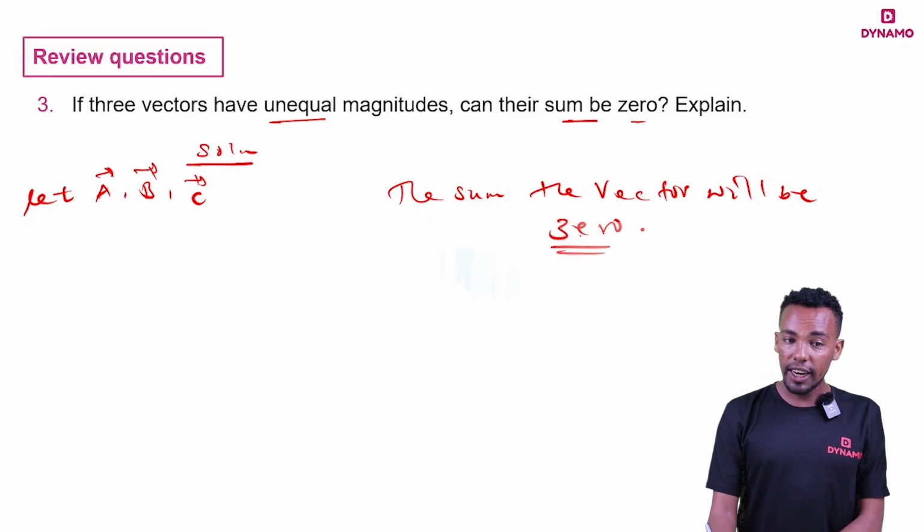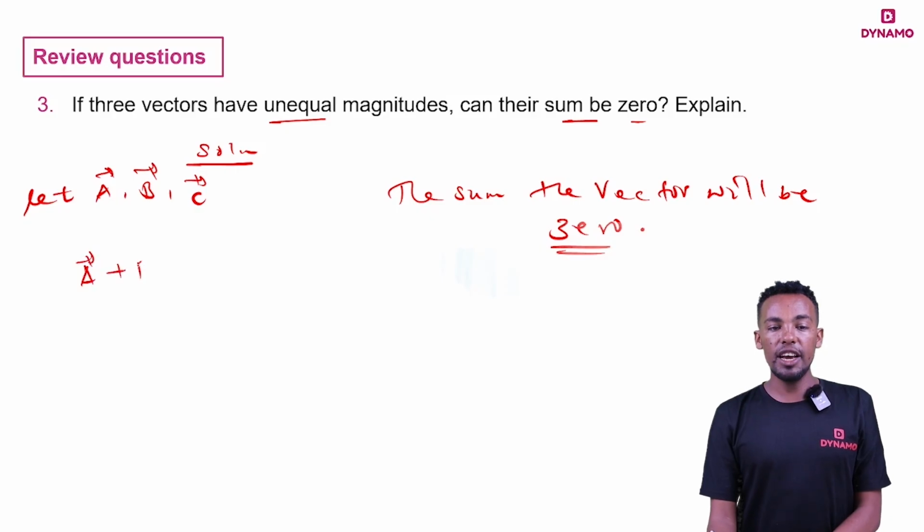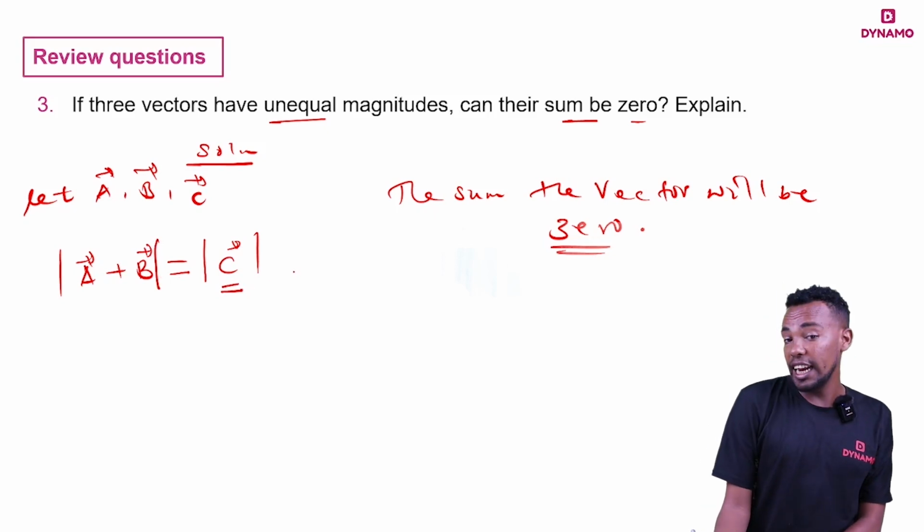When? If the sum of two vectors, for example vector A plus vector B, is equal in magnitude to vector C but opposite in direction.